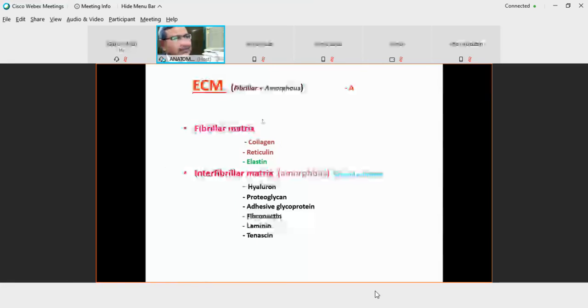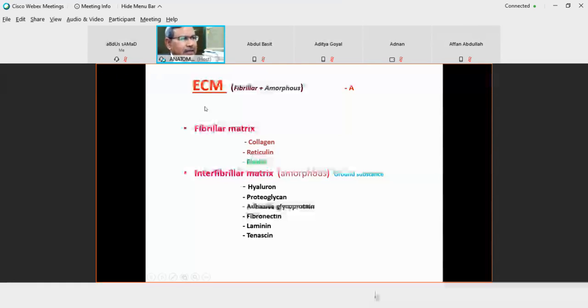In the matrix, whatever lies in between the cells is called the extracellular matrix. The matrix can be fibrillar or amorphous. It means you can find some fibers in between the cells, or the matrix which is amorphous and has no particular shape.